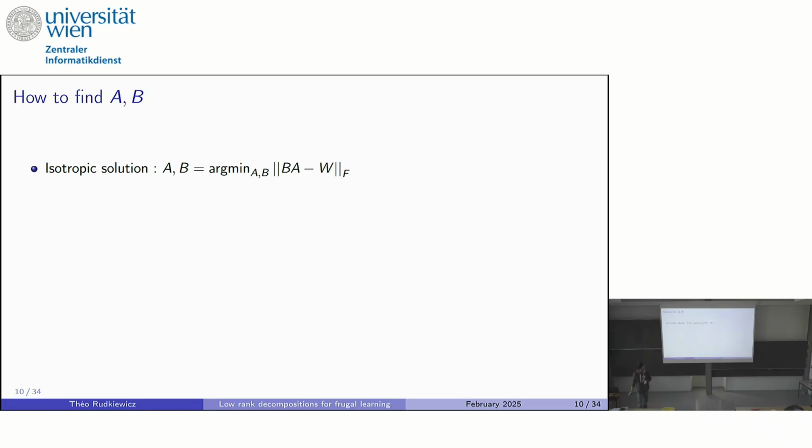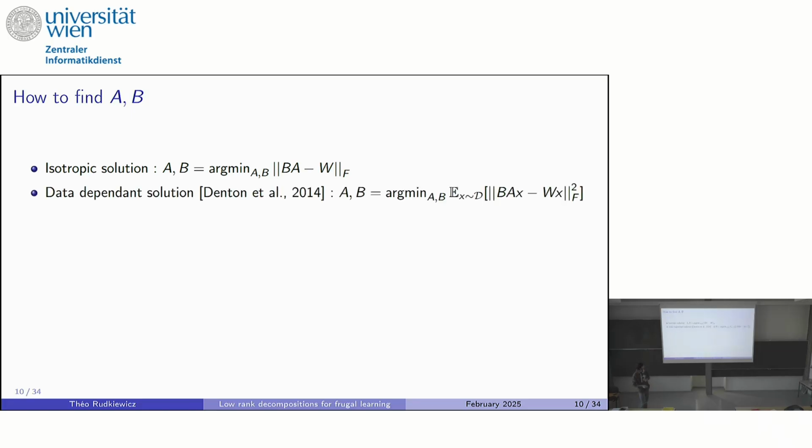So to reflect this, we can have a data-dependent solution where, instead of approximating W, we care about approximating the output of the layer parameterized by W. So the output is Wx, and we approximate it by BAx, for x that is following the input distribution.